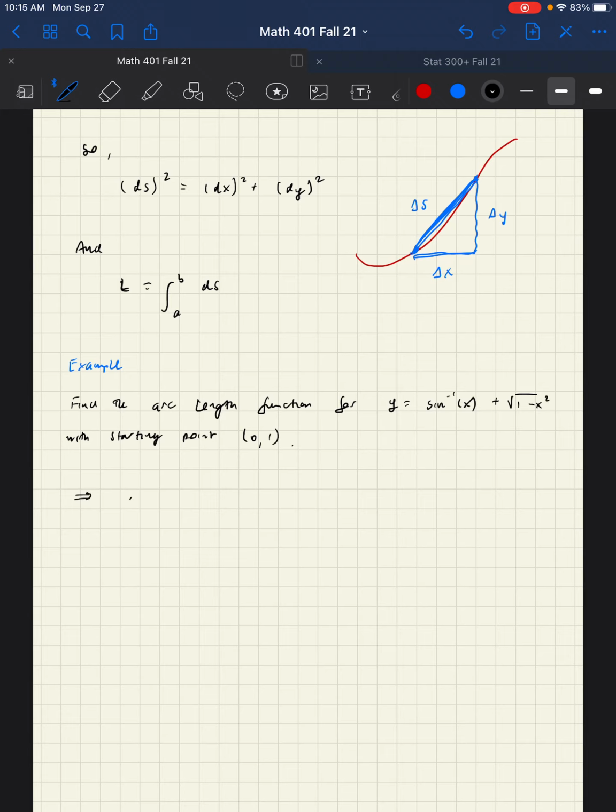In order to find the arc length function, we're going to take the derivative of y to find dy dx.